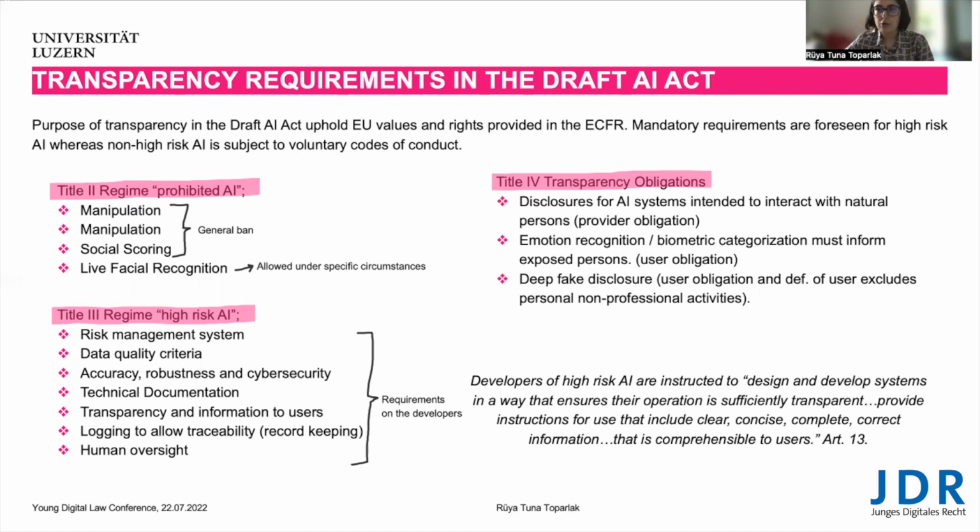So it is not extremely clear what information would afford sufficient transparency in this sense, which adds a little bit more confusion to the GDPR regime. But this only concerns the high-risk AI, like I said.